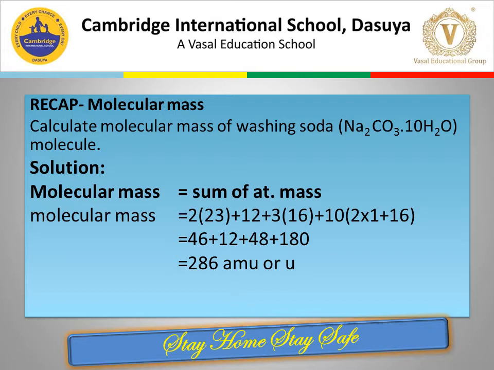Now the molecular mass is equal to 2 into 23, that is 2 atoms of sodium, and the atomic mass of sodium is 23, plus 12 into 1, where 1 is the number of carbon atoms and 12 is its atomic mass, plus 3 into 16, the atomic mass of oxygen, plus 10 H2O, that is 2 into 1, the number of hydrogen atoms and its atomic mass, plus 16, the atomic mass of oxygen.